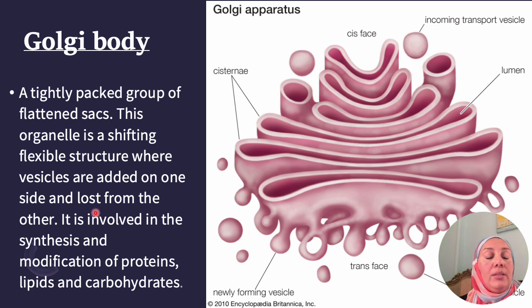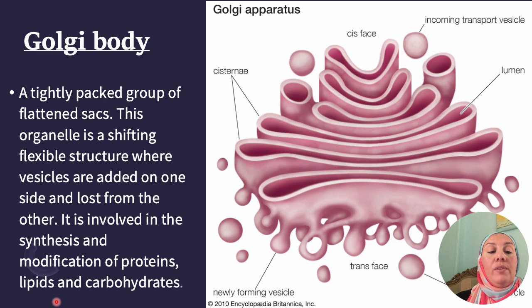Well, it has also a role of synthesis of proteins, but usually it works more in modification. So the protein was produced, but we still have to add things to it. Maybe change it into a glycoprotein. So we're going to add a carbohydrate to it, maybe.